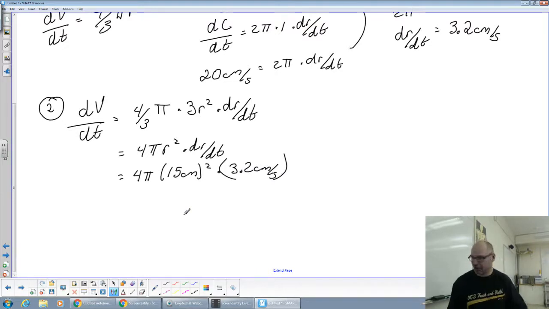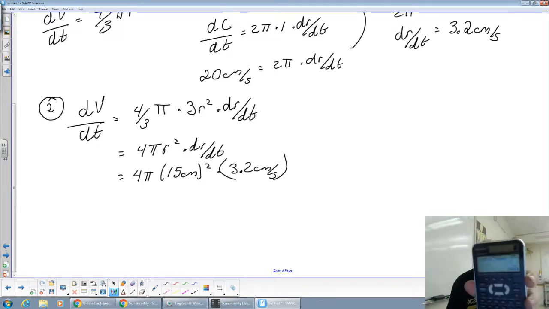Now we just take our calculator out. We'll go to the nearest whole cubic centimeter, because it'll be in the thousands probably. So 15 squared times 3.2 times 4 pi. We get 2,880 pi.